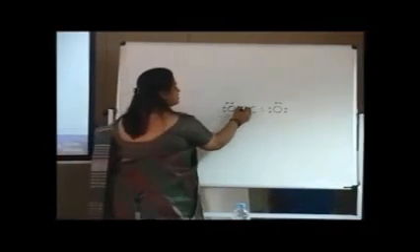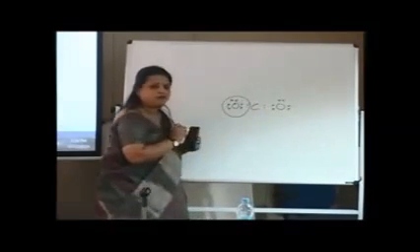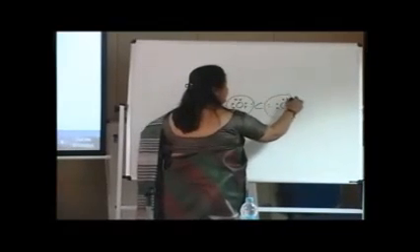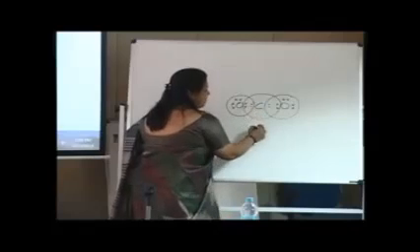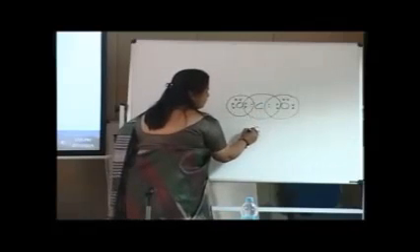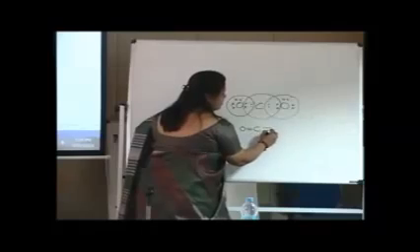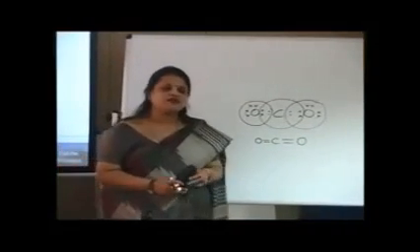So, if this oxygen atom shares 2 electrons of carbon, its octet will be complete. Similarly, the octet of this oxygen atom is also complete and the octet of carbon is complete like this. And since carbon is sharing 2 pairs of electrons with this oxygen, it is C double bond O. With the other oxygen also it is sharing 4 electrons, so C double bond O. This is the structure of carbon dioxide.